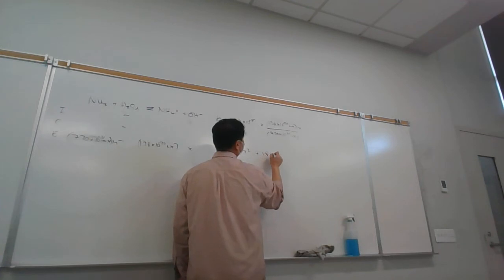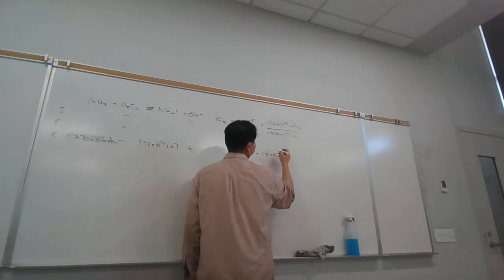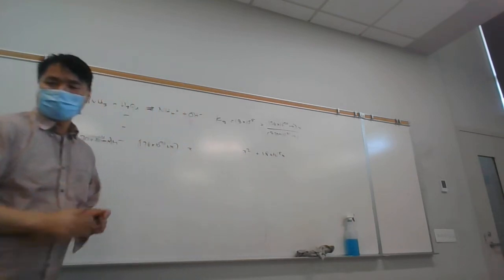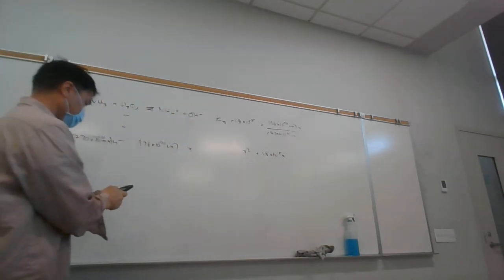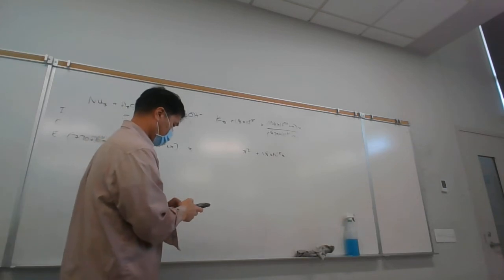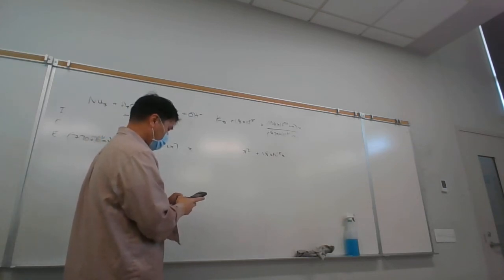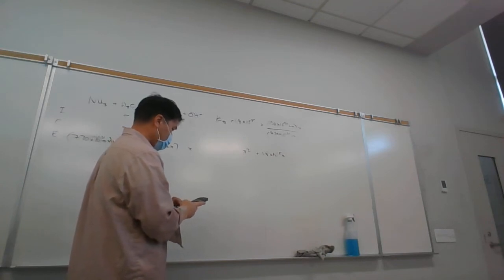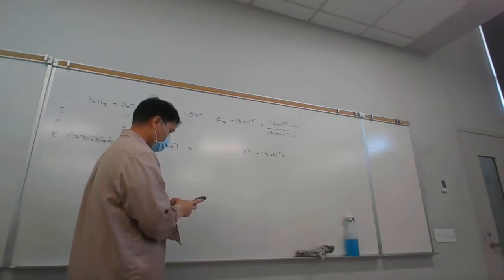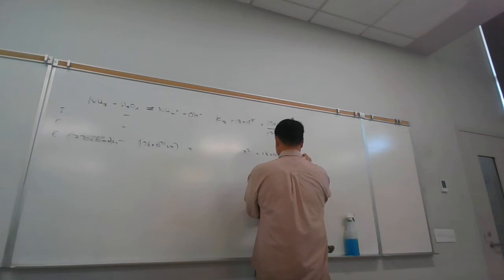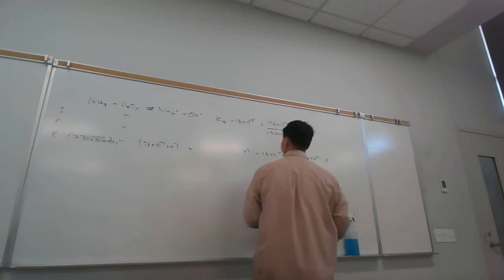And so this is going to be 1.8 times 10 to the minus 5 x, and then minus 7.2 times 10 to the negative 21 times 1.8 times 10 to the negative 5. So minus 1.296 times 10 to the negative 25 equal to 0.